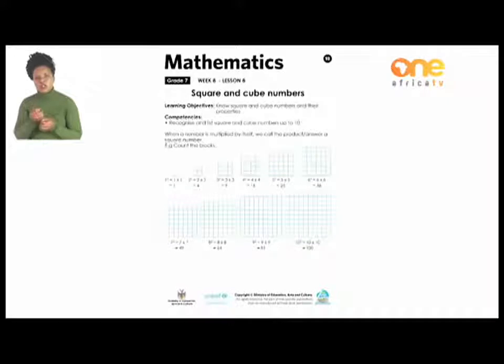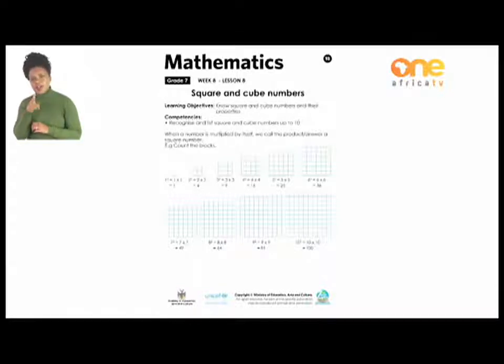We have 7 squared, 7 times 7 gives you 49, 8 squared, 8 times 8 gives you 64, 9 times 9, 81, and 10 times 10, which is 100.